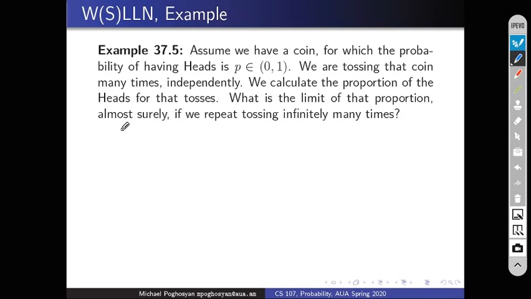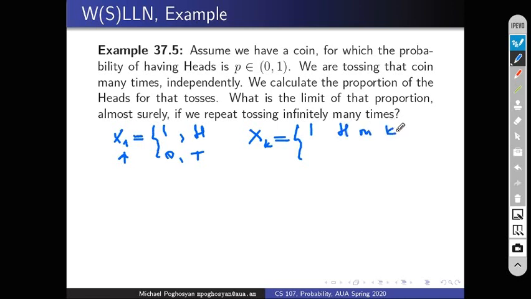So let x1 be 1 if heads and 0 if tails in the first toss. And similarly, xk is 1 if I have heads in the kth toss and 0 if tails in the same toss.